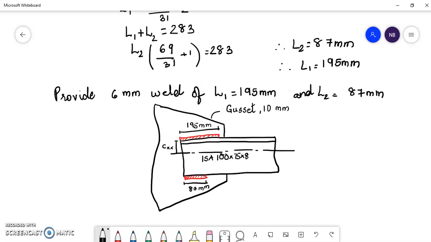It is connected by the longer leg to the gusset plate, and L1 is 195 mm and L2, the weld length at the bottom of the angle, is 87 mm. This solves our problem of design of a tie of a truss member. Thank you.